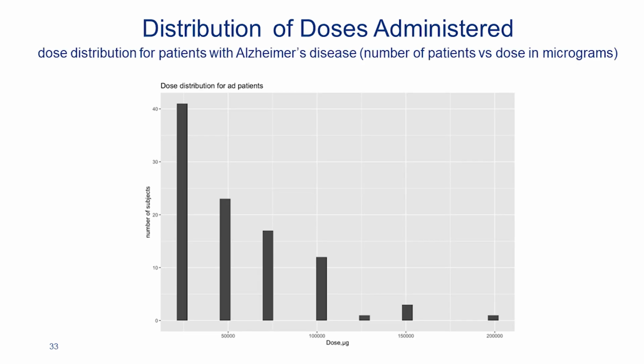With respect to the Alzheimer's disease arm, you see the dose distribution is quite different. It's all given every 24 hours, and the dosages range from 25 to 200 milligrams daily. And doses are listed here in micrograms, just so that it matches our units in the actual analysis.